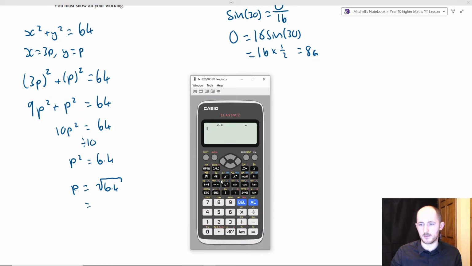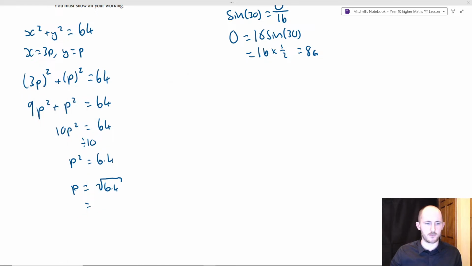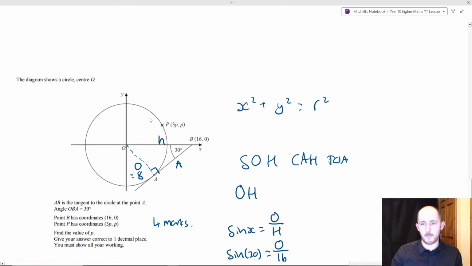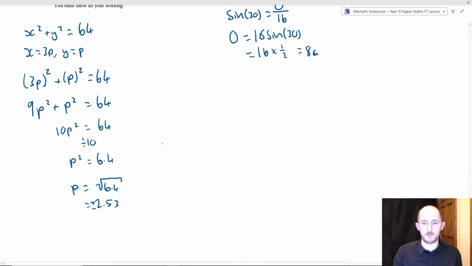So there we are, square root 6.4 is 2.53. Now the question is, is it positive or negative? Well, if I have a look, it's in the top right quadrant, which means both of these numbers have to be positive. So my actual value for p is 2.53, which kind of rhymed.